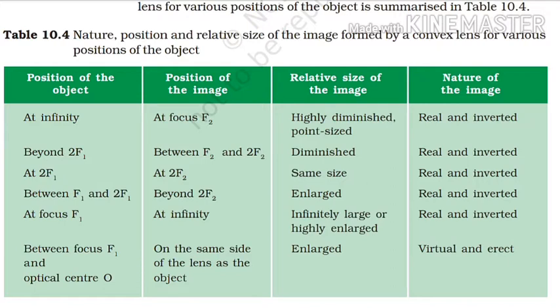The relative size of the image is diminished or smaller, and the nature is real and inverted. If we take the object at 2F, the image is found at 2F, the same size as the object.